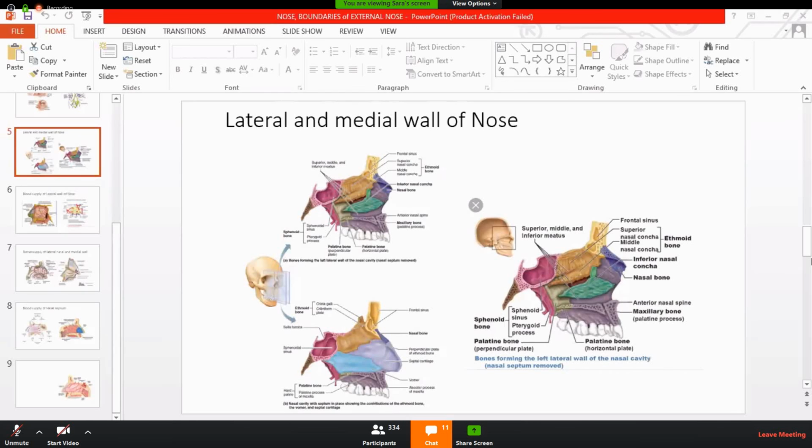The second thing, in between the area between these two walls, besides the superior concha and the superior meatus, the middle and the inferior meatus, you have another hollow space between the septum, that is the middle wall, and the lateral wall, and this is known as the common nasal meatus.